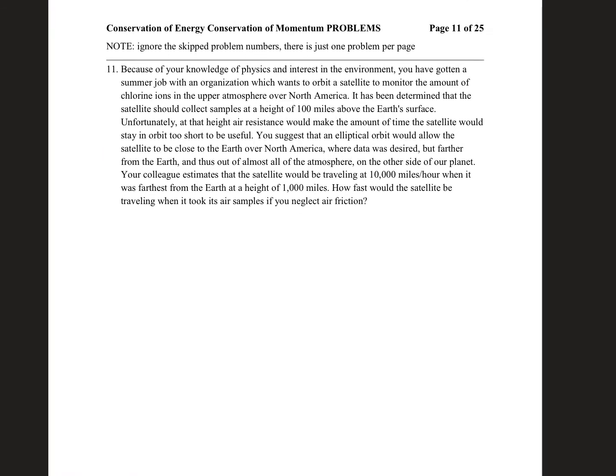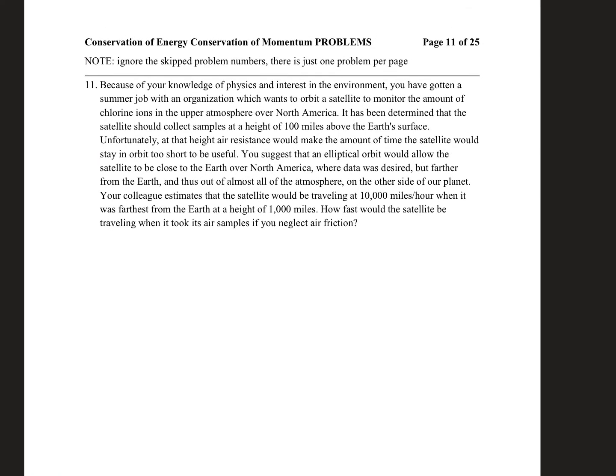All right, this one, a demo problem, because I don't think you actually have a test problem on this kind of thing, but we've sort of covered orbits. So here's the Earth again. According to this problem, there's going to be this satellite that's going to collect data, and it's going to take this elliptical path.